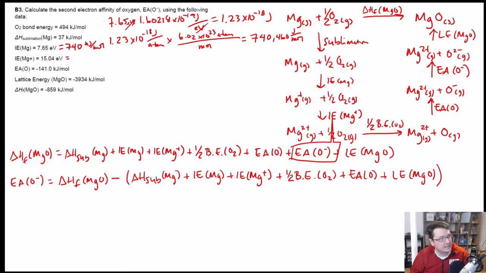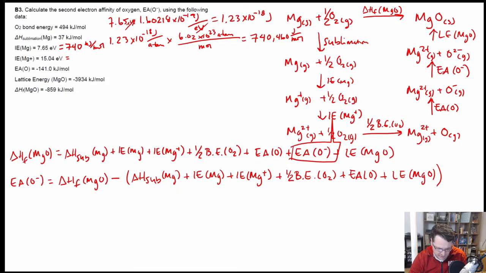We can do the same thing for the second ionization energy. So this is 15.04. I'm just going to go ahead and do that on my calculator real quick instead of writing everything out. So we have 15.04 times 1.60218 times 10 to the negative 19, which gives us 2.4096 and so on, times 10 to the negative 18 joules. Multiply that by Avogadro's number.